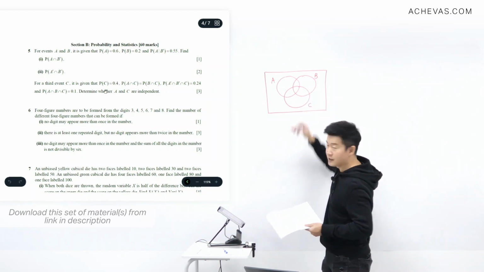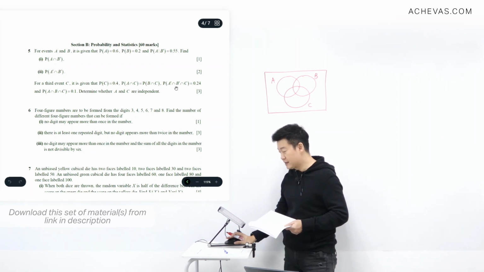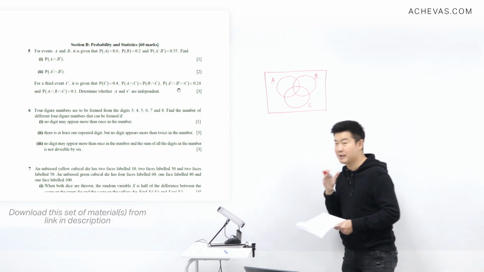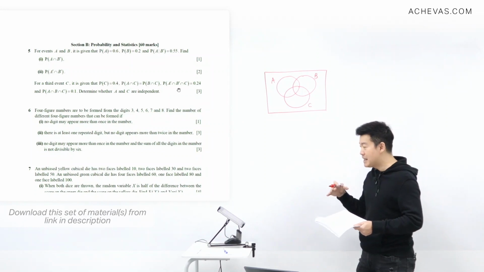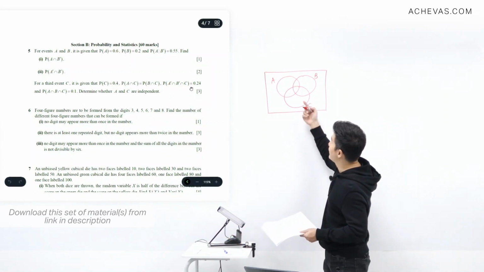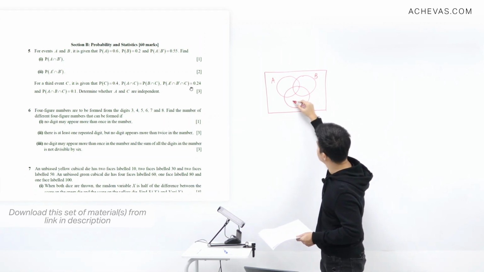So this entire circle here will represent the probability of C, and P(A intersect C) is equal to P(B intersect C). This I think we can indicate on this Venn diagram here. P(A prime intersect B prime intersect C), something that must be outside A and outside B and inside C, is equal to 0.24. So the region that is outside A and outside B and inside C is going to be this region here. So this region here is 0.24.